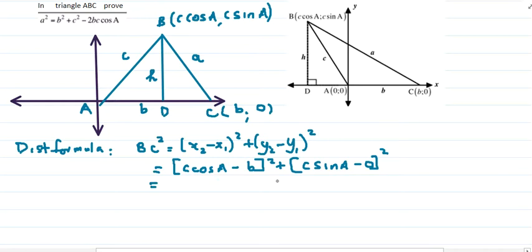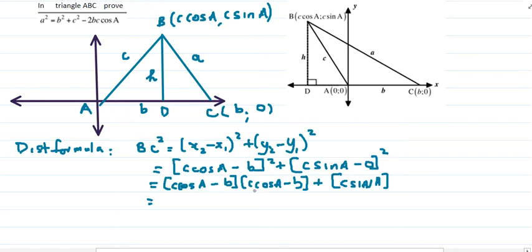So how do we simplify this? Well, we can write this out twice. c cos A minus b into c cos A minus b, because it's a square, plus c sine A squared. How do we multiply this out? Well, we use our multiplication of binomials.